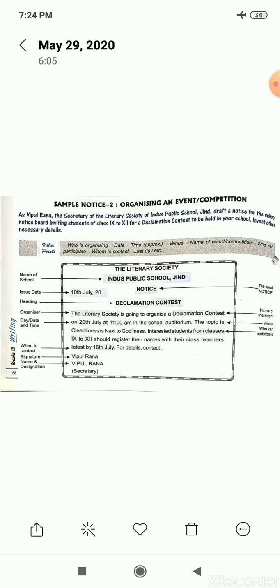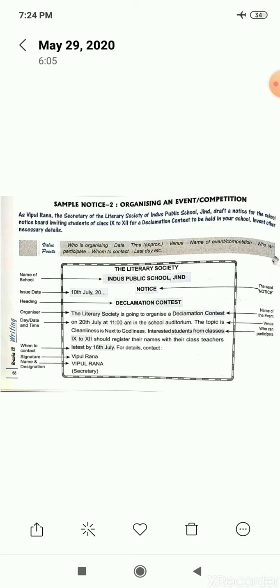Indus Public School, Jind, that is also in capitals, as I told you. Next comes notice, right, in the very center. Then on the extreme left side, we would mention date, like today is 5th June 2020, right? So we should write it in that manner.